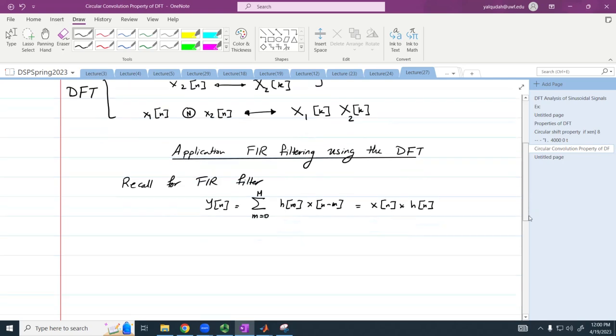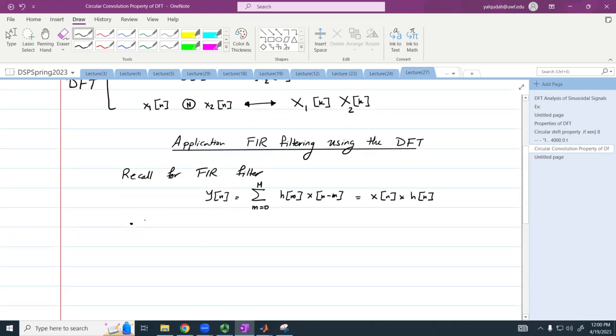Now also we've seen if you choose N large enough, then linear convolution can be done via N-length circular convolution.